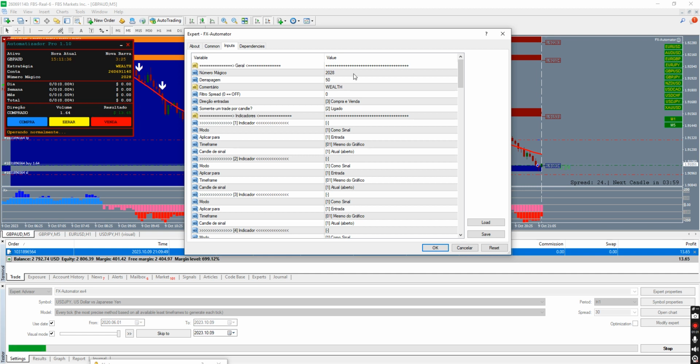So here, take a look at this. This is an indicator automator for Forex. Not just a simple indicator automator for Forex. This is very powerful. What we have done here is amazing.